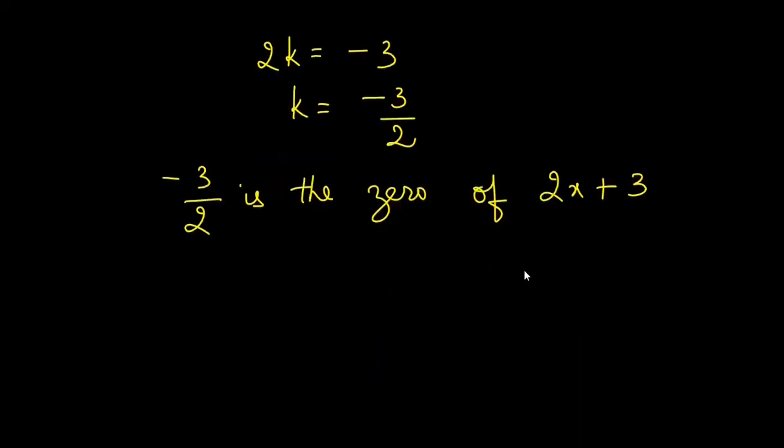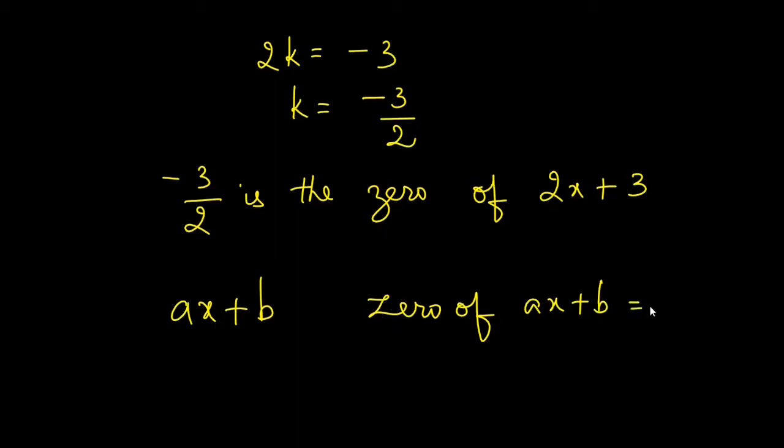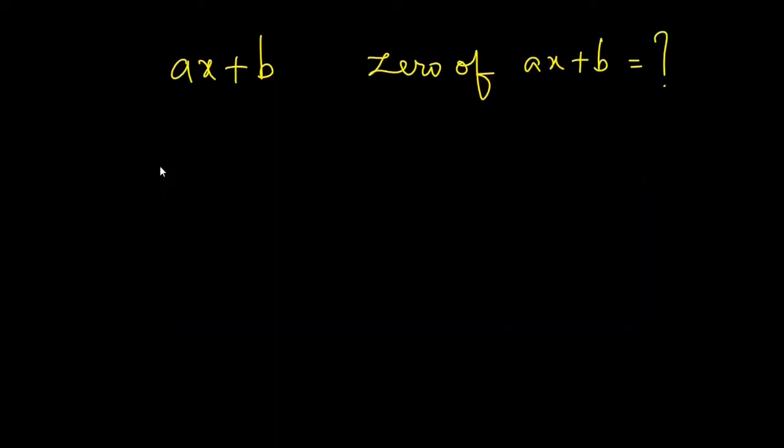Let us take the general form of linear polynomial. The general form of linear polynomial is ax plus b. Then what is the 0 of ax plus b? To find 0 of ax plus b, let us take a value x is equal to k.